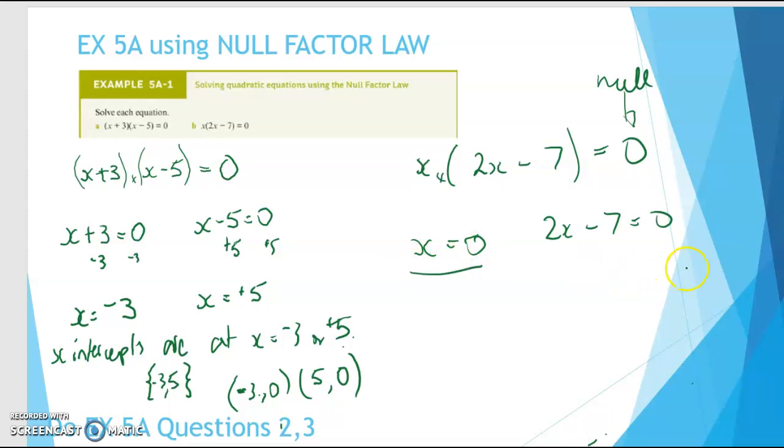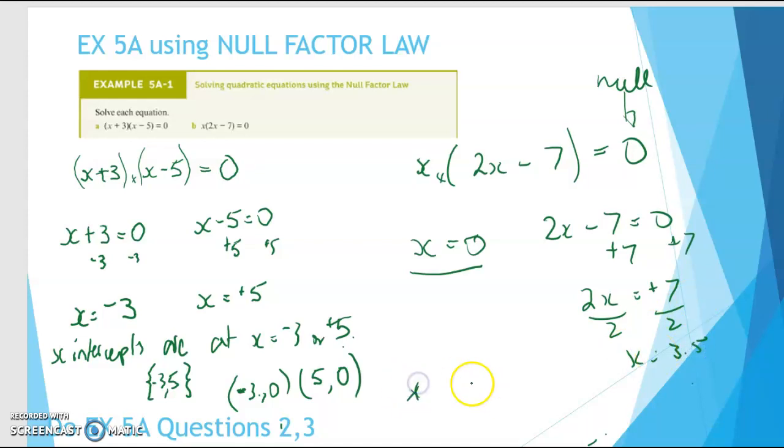It's a very simple one. For the second, we need to do two steps. First of all, add 7 to both sides. We have 2x equals positive 7, divide by 2, and we end up with x equals 3.5.